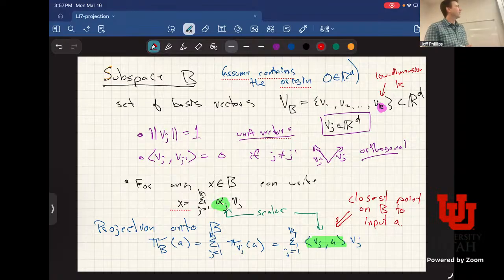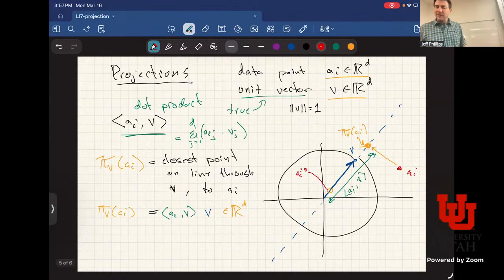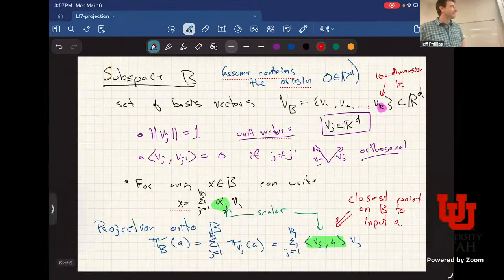So hopefully, if you understood this picture with one dimension, now I say I have k of these vectors, and they happen to be unit vectors and orthogonal. I just apply the projection to each of these, and I add these vectors up. That's all the projection is.